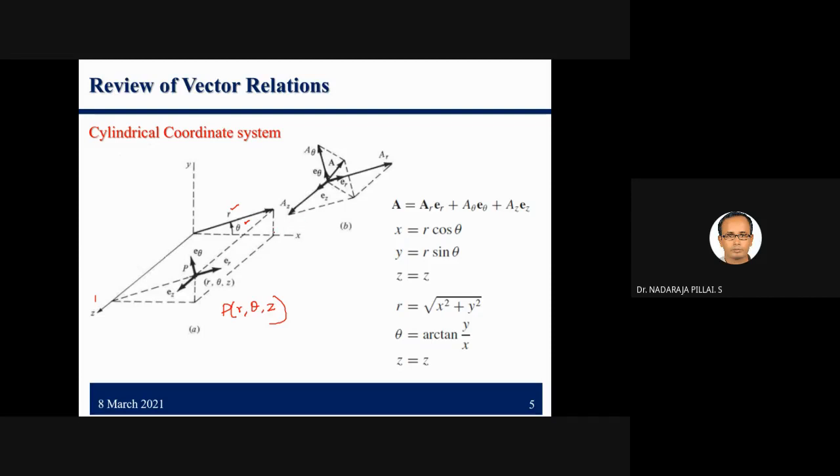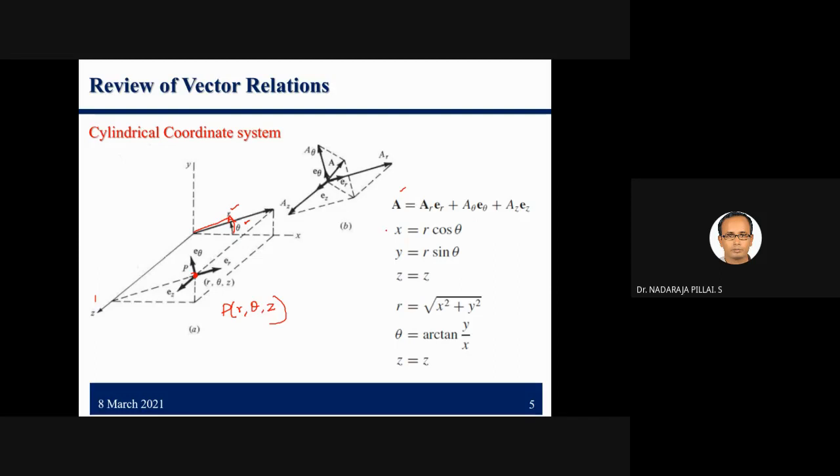If you want to represent any point P, you can represent it in terms of r, theta, and z. Please note r, then theta, and this direction is z. Then let us consider A having A_r e_r plus A_theta e_theta plus A_z e_z.